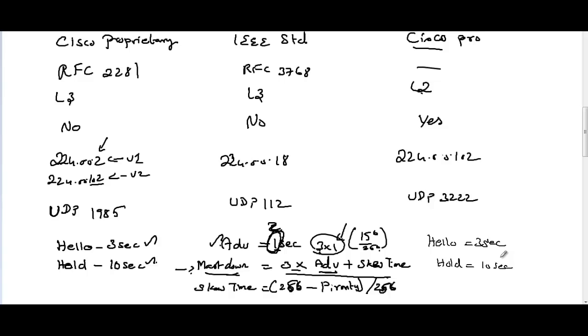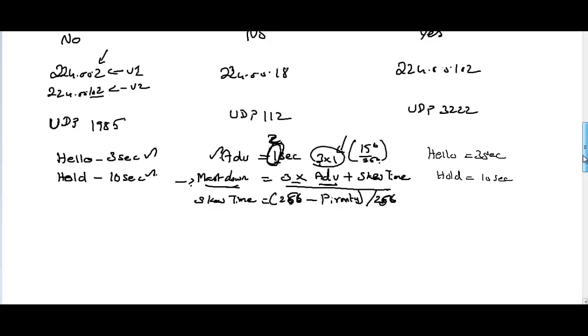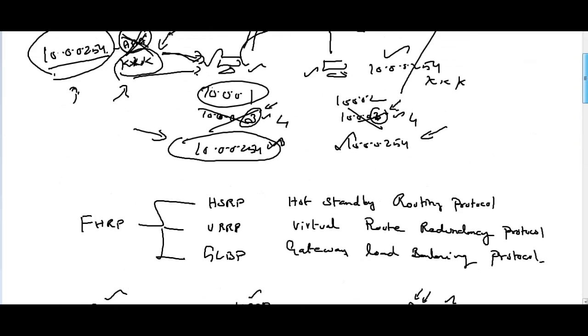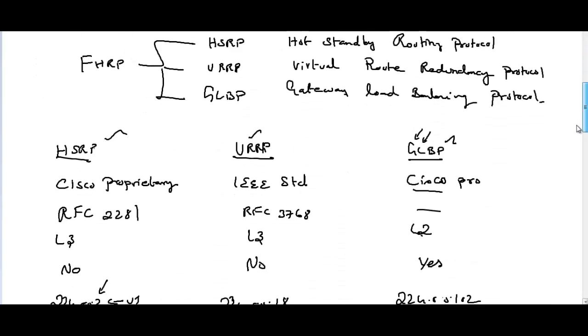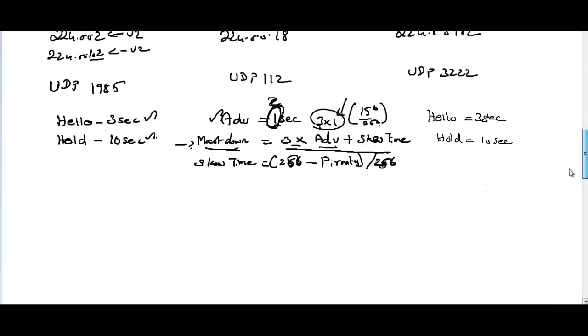Alright, so now when I have multiple gateways, here we have R1 as gateway and R2 as gateway. Which will become the primary first? Will R1 become primary or R2, and which will become secondary? Is there any election for primary and secondary? Yes, we do.